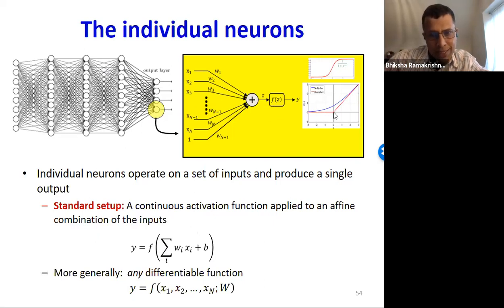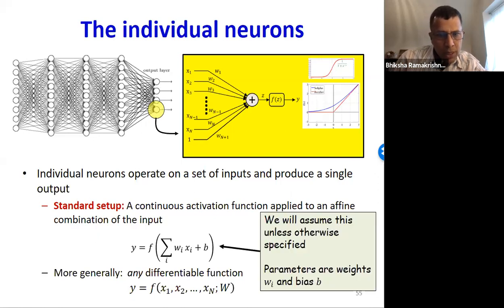You might have cases like this one which is not differentiable right at this hinge, but it's going to be continuous and differentiable almost everywhere. We saw why this is required. If it's not differentiable, then you cannot find out which way to adjust the parameters to improve the function. So this is the nature of the function we are going to assume, the parameters being the weights and the bias. But more generally, you can have any function of the inputs. We won't go into the general case.